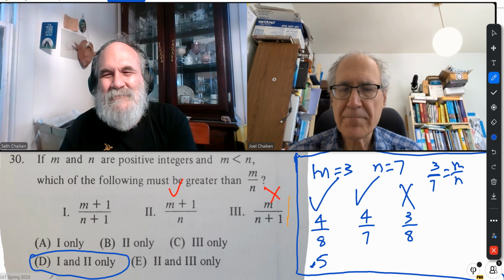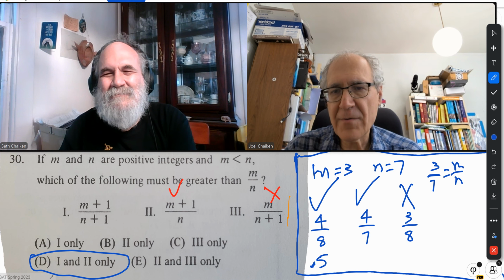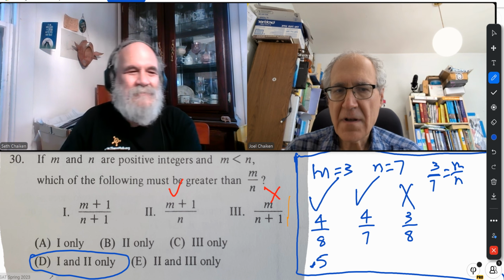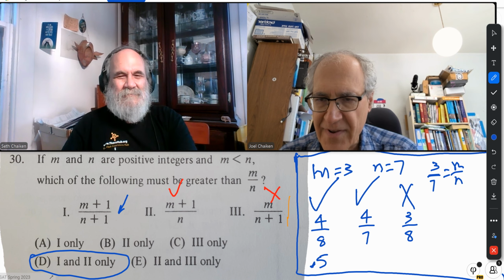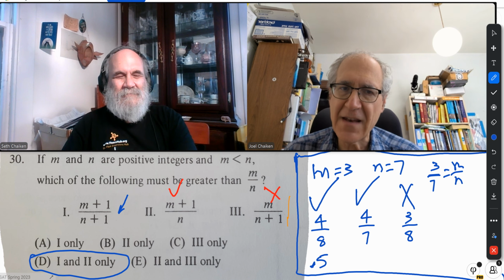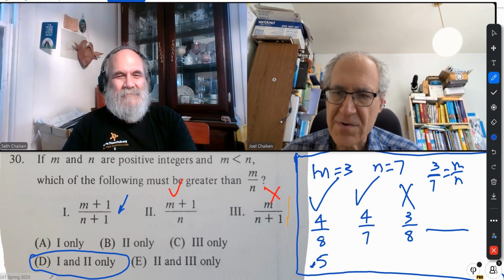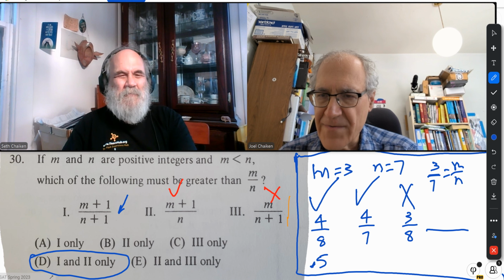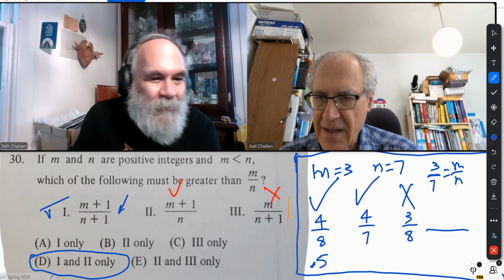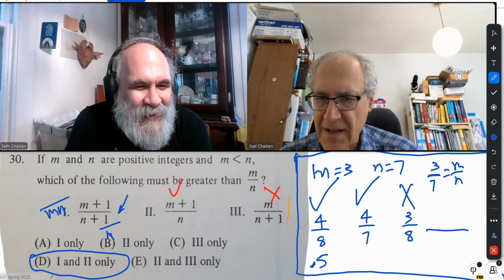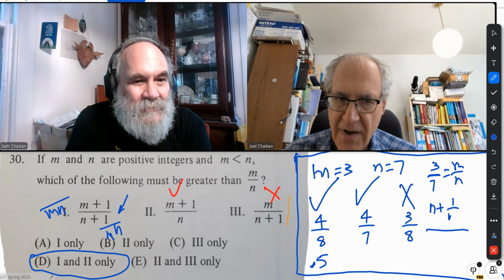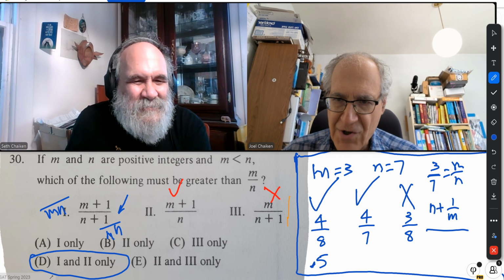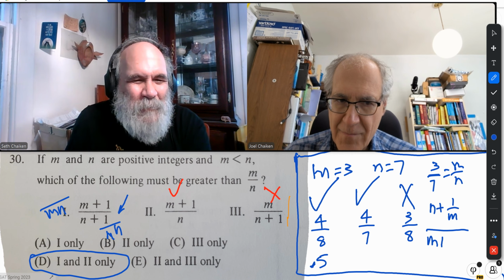So we don't know how most people would have done this. Wait. So can you prove that? Can you divide both numerator and denominator by m times n to sort of show that? Yeah, sure. If you divide this by m times n and you divide this by m times n, you would get n plus 1 over m, and you would get m plus 1 over n.